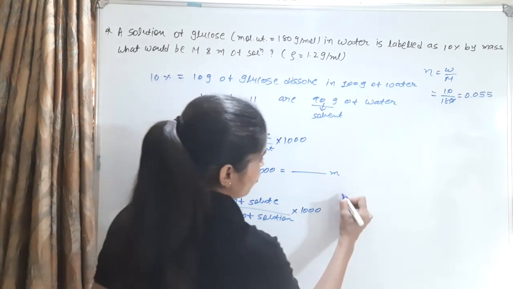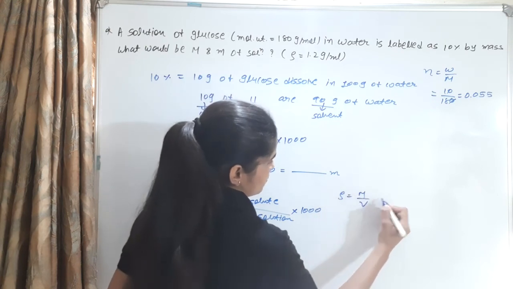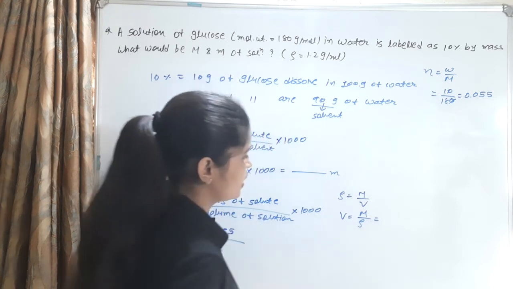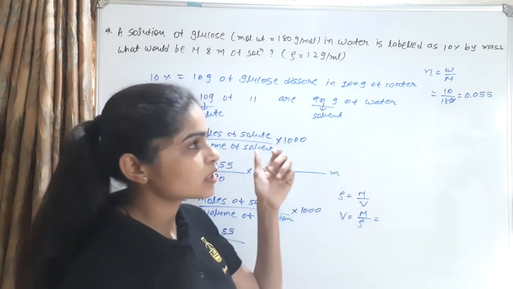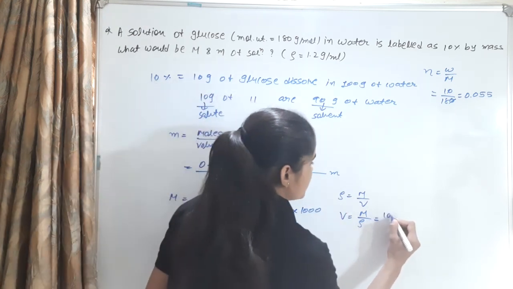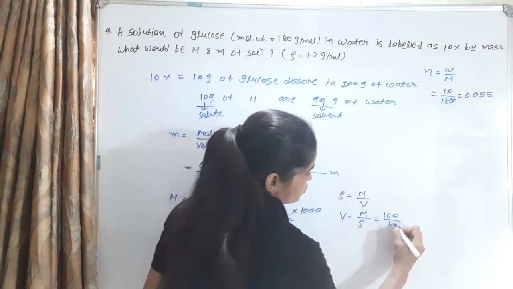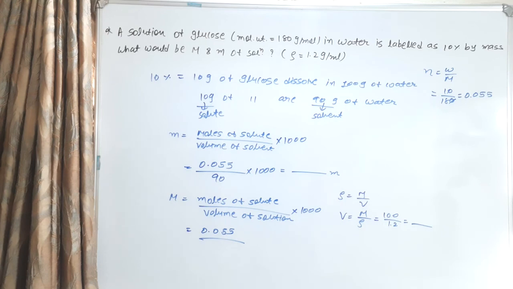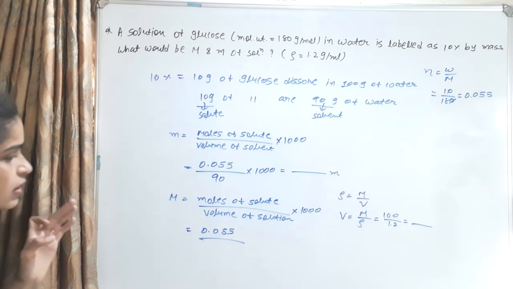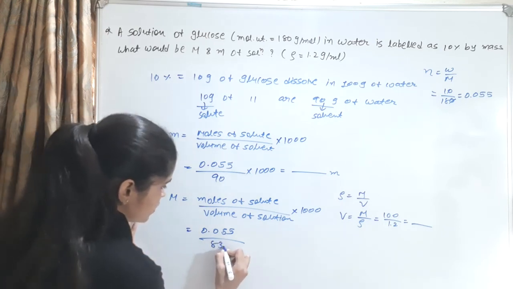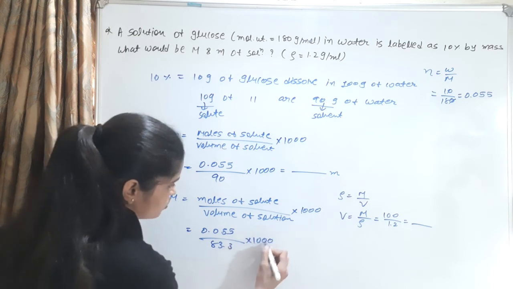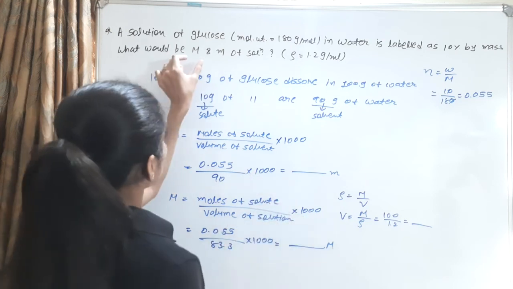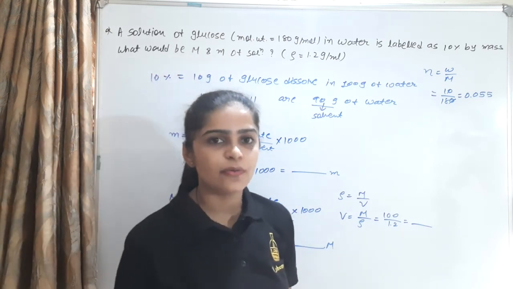In the given data, rho is given. So rho is equal to m by v, and v is equal to m by rho. The m value is 100 gram, total 100 gram. So 100 divided by 1.2 gives the volume of solution. Putting this volume of solution in this equation, that is 83.3, multiplied with 1000, gives the answer for the molarity. So that way molality and molarity are found out.